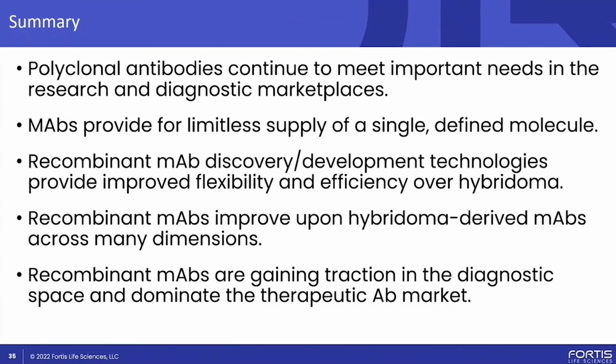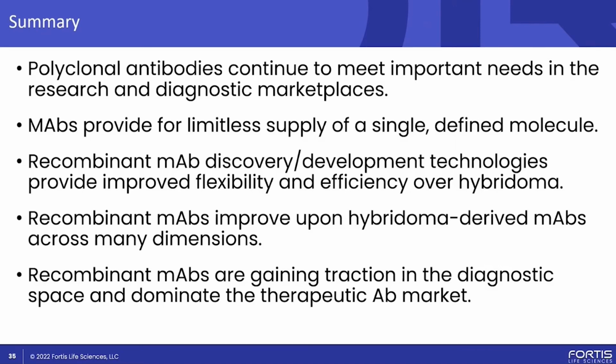Okay, we covered a lot. So to summarize, polyclonal antibodies still meet important needs in the research and diagnostic marketplaces, especially in the context of secondaries. However, monoclonal antibodies provide for a limitless supply of a single defined molecule and all of the benefits that go along with that.